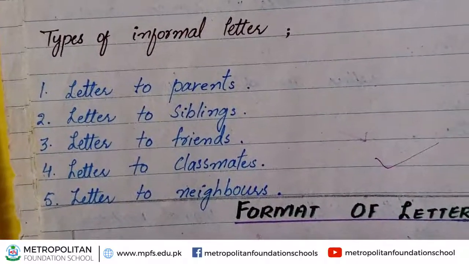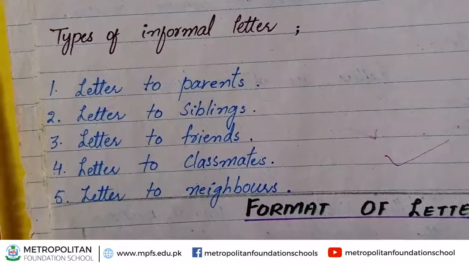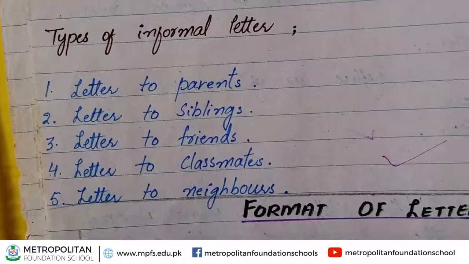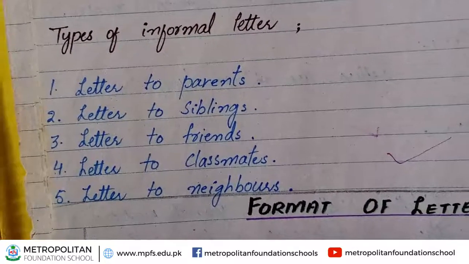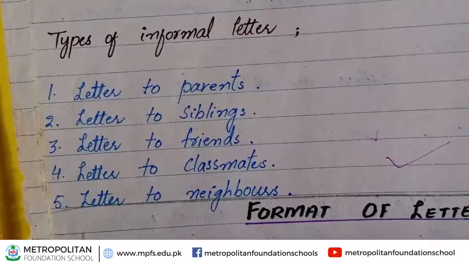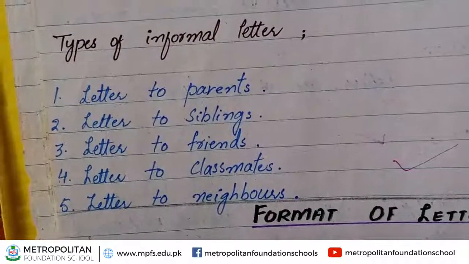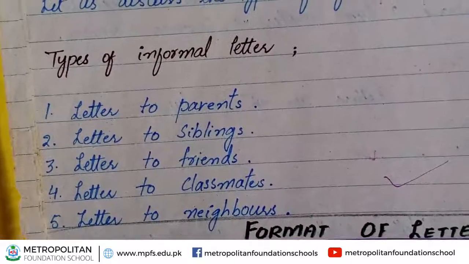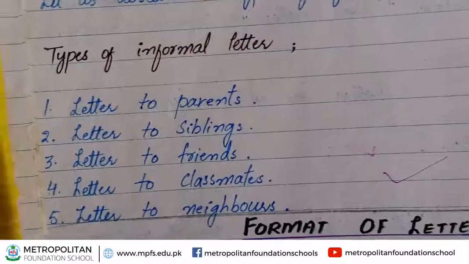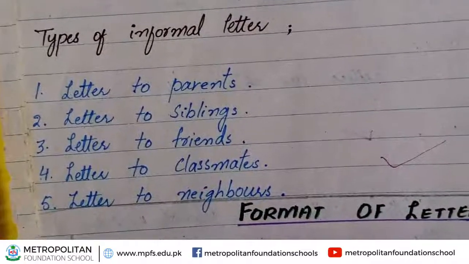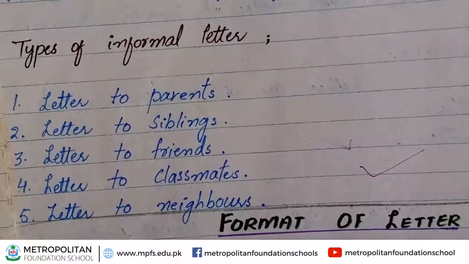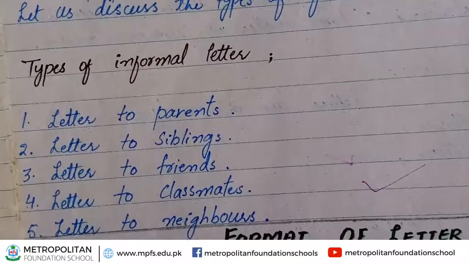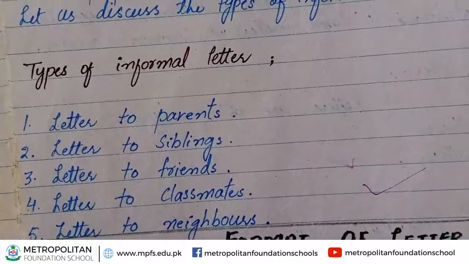Third, letter to friends. Fourth, letter to classmates. And fifth is letter to neighbors. So these are the 5 types of informal letter. You know what? The formation of both formal and informal letters is the same, but you just follow the pattern and formation of the letter which I explained to you.